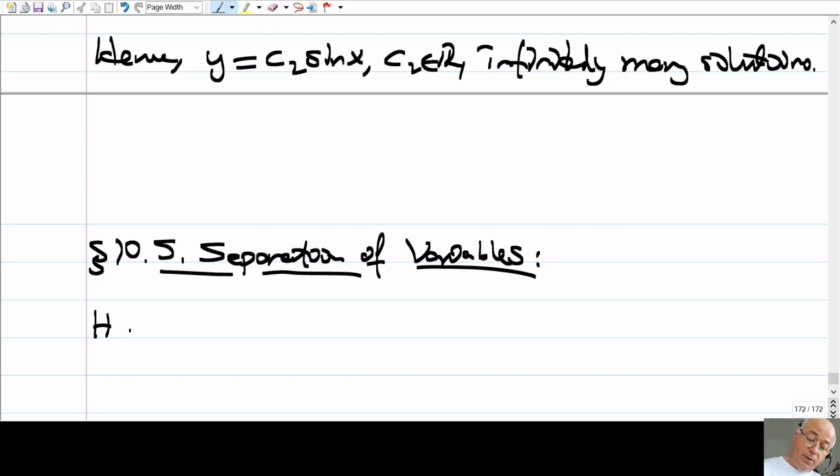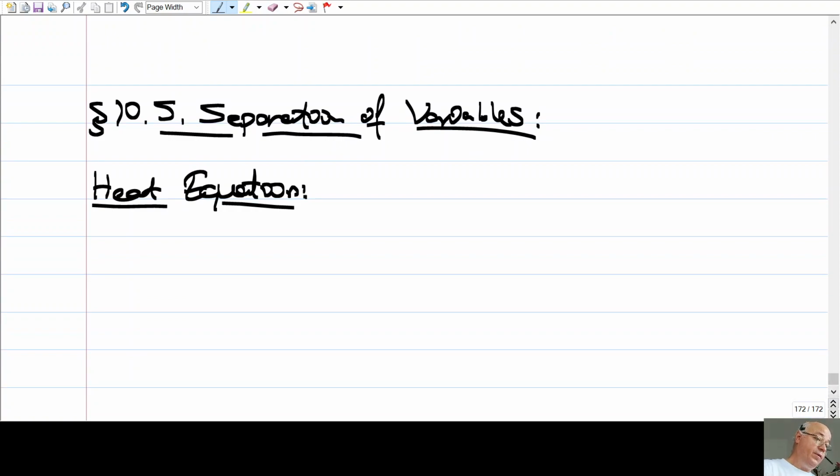Heat equation in a rod. So this is a one-dimensional heat equation.